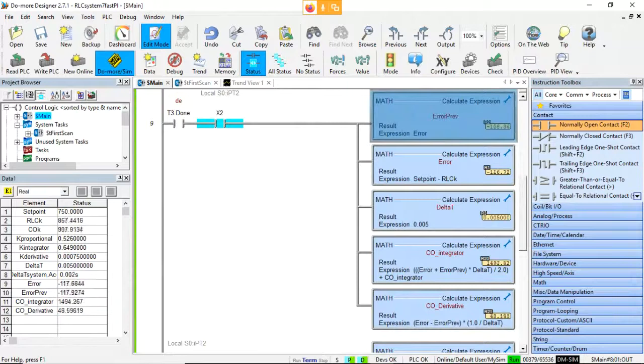And then we have the integrator calculating the area under the curve. So we have error plus previous error times delta T divided by 2. That's the area of a trapezoid, plus what error we had before. Because remember, the integral is continually growing, or continually decreasing, because we're either adding to it, or if it's a negative error, we're subtracting it, okay?